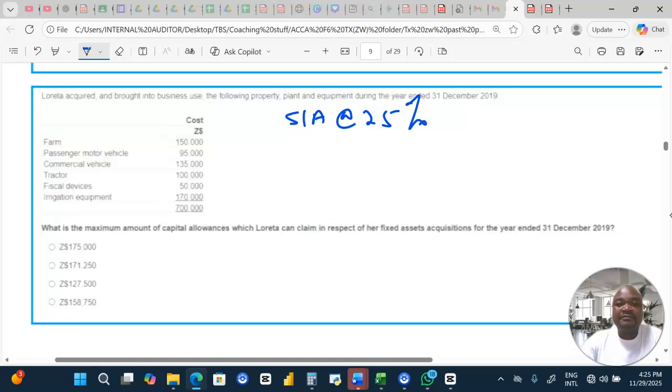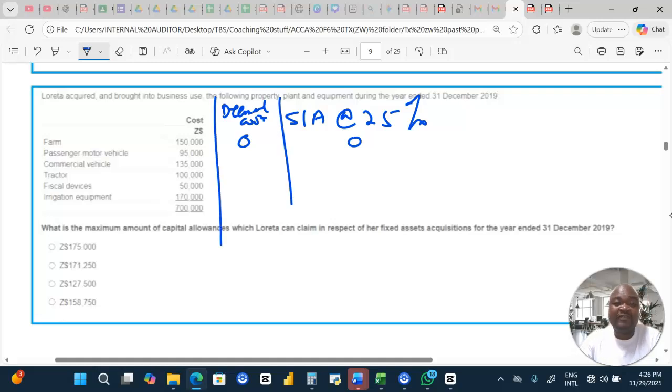Okay, good. So here we've got a zero, zero. What zero here? This is what we can say, deemed cost. The deemed cost of the asset.